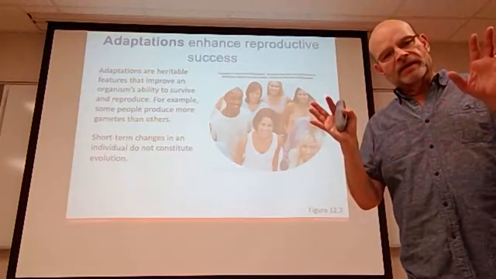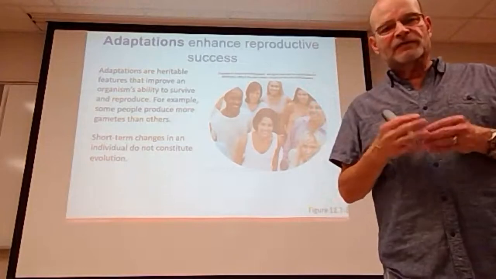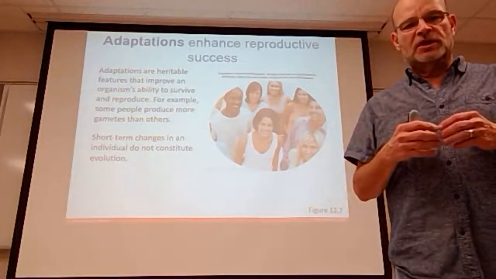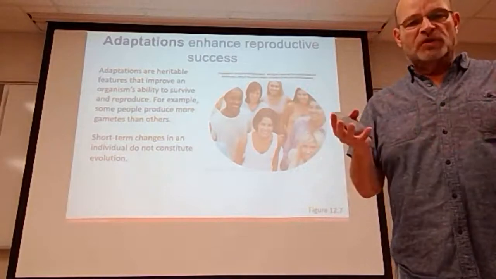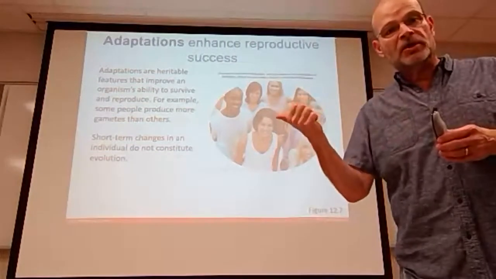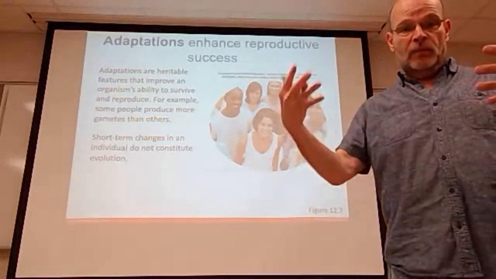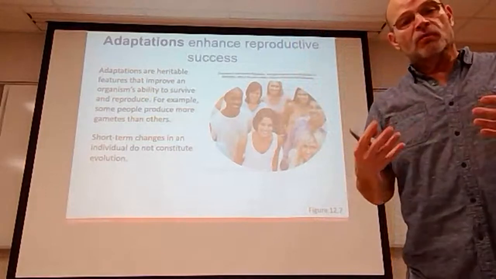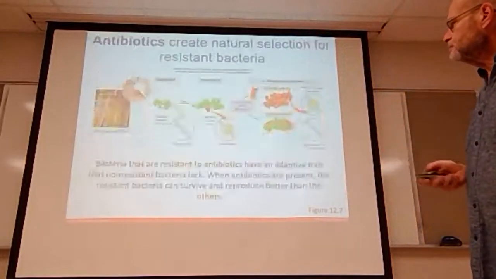Again, not to be too graphic here, but if one man gives a lady, say, 10,000 gametes, and another gentleman gives another lady 10 million sperm, which one is more likely to reproduce? The guy that's producing the 10 million over there. More likely for the one egg and one of those 10 million sperm to bump together in the right place at the right time, rather than one egg and one of 10,000.